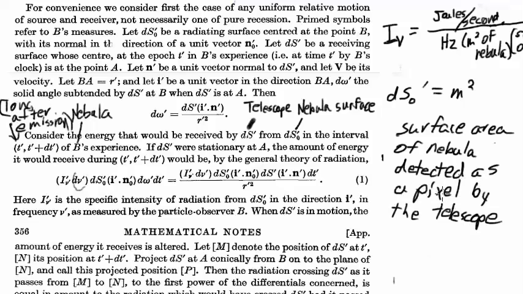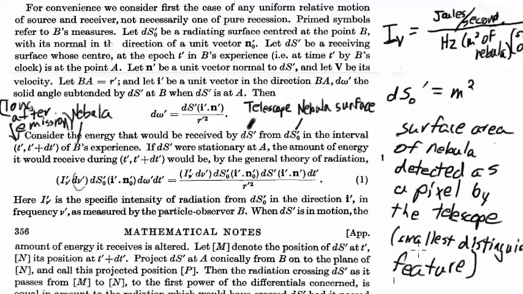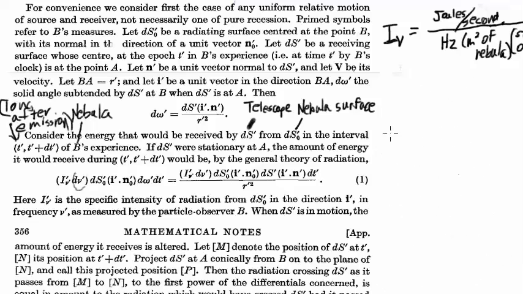And by pixel, I mean the smallest distinguishable feature by the telescope. So surface area of the nebula that appears as the smallest distinguishable feature of the telescope. So I got that.